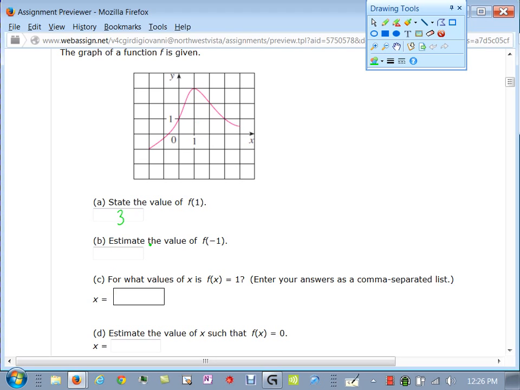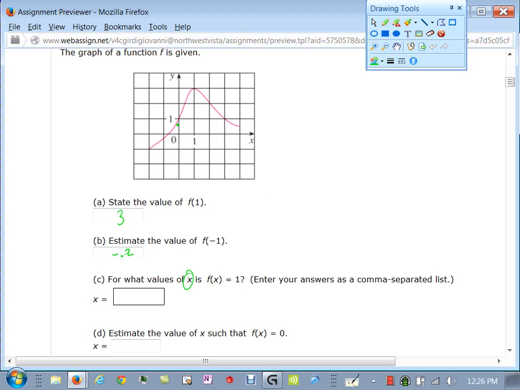All right, estimate the value at -1. So here I go to -1, and then I go to the function. It looks like it's gone down maybe 0.2, 0.25. So something like -0.2. It's a negative number because it's below the x-axis. For what values of x is the function equal to 1?